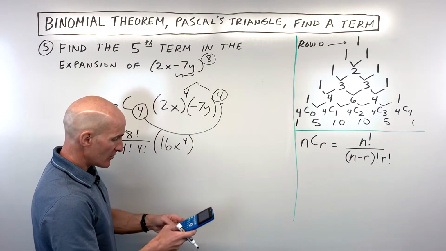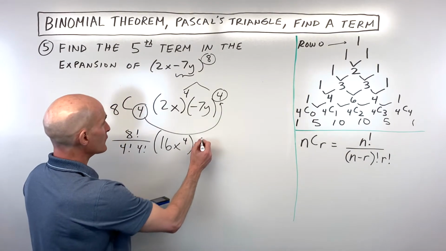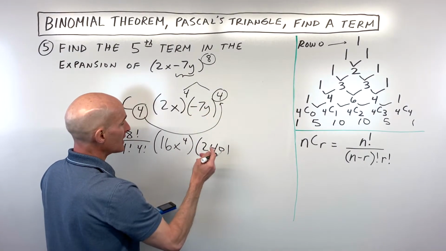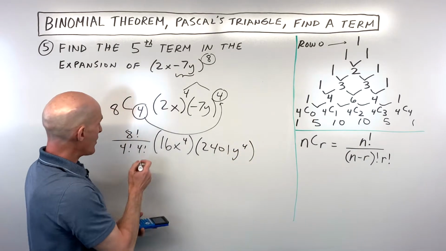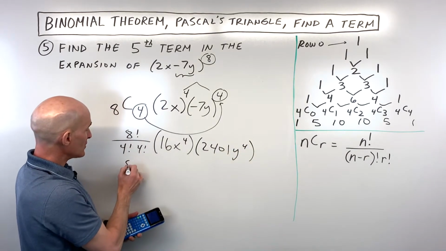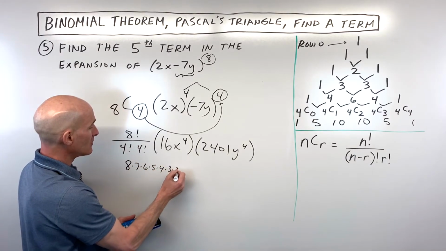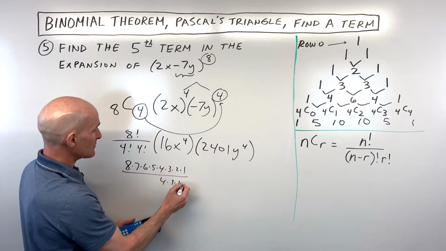Let's do that on the calculator. That's coming out to 2,401. Positive, because a negative times a negative times a negative times a negative, an even number of times, is positive. And so now let's simplify this. So 8 factorial is really 8 multiplied all the way down to 1. 4 factorial is 4 times 3 times 2 times 1.